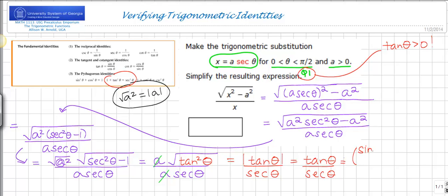Tangent is sine divided by cosine. Secant is 1 divided by cosine. Algebra says when you invert and multiply, those two denominators cancel, and you are ultimately, after all that, left with sine of theta. That's pretty cool, I think.